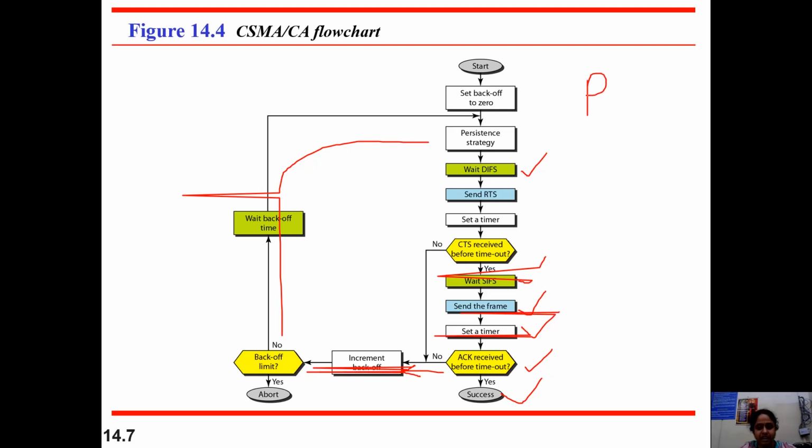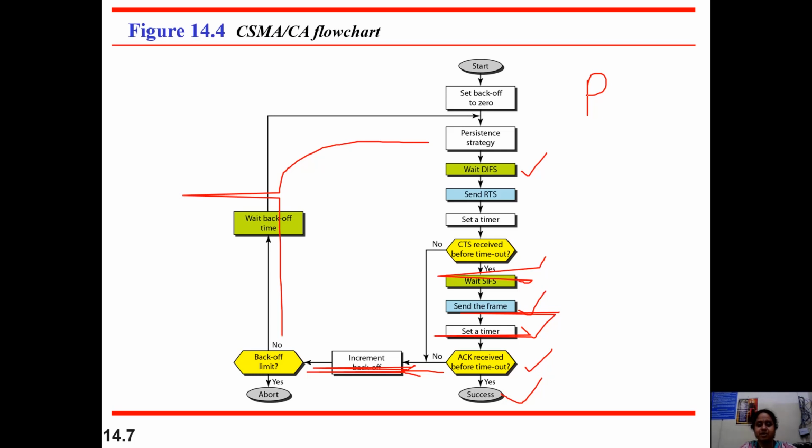P stands for PCF. So instead of DIFS, we have PCF IFS for which the access point waits. However, the station will still wait for DIFS time because it is implemented with DCF. And that is why, by keeping PIFS smaller than DIFS, we can give priority to the access point.